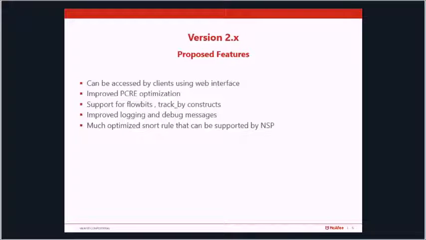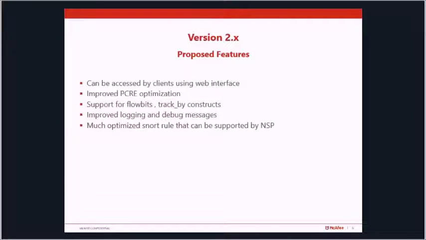Those unsupported, not converted, or converted-with-error rules will be reviewed by IDT. Version 2.x will also have support for flowbits and track by Snort constructs. Further, it will have improved logging and debugging messages. This will basically help the customer understand what went wrong with the Snort rule and why it was not converted correctly. In version 2.x, we are also planning to support certain constructs which are not supported in this version.